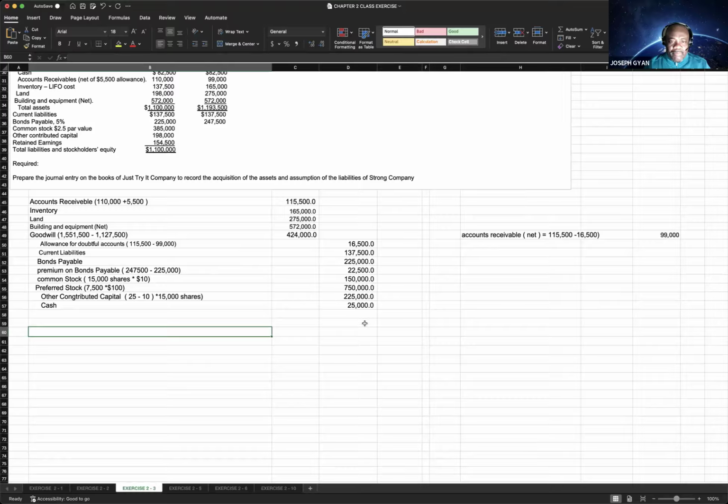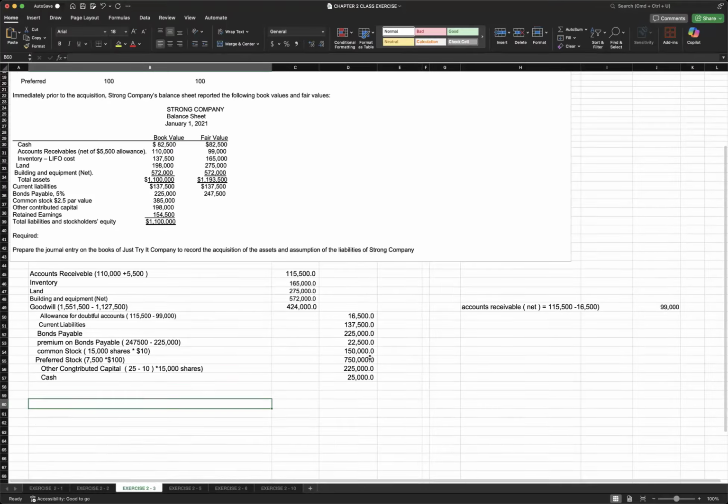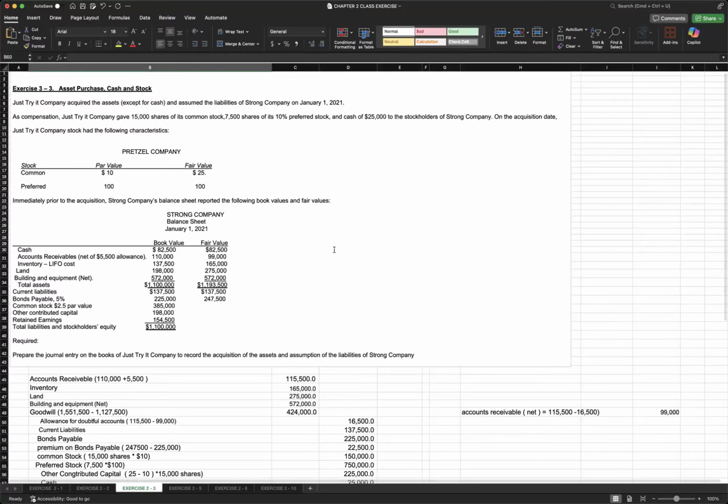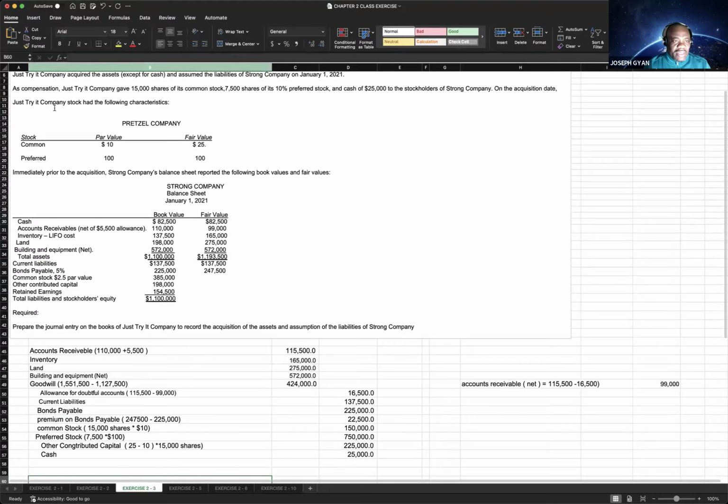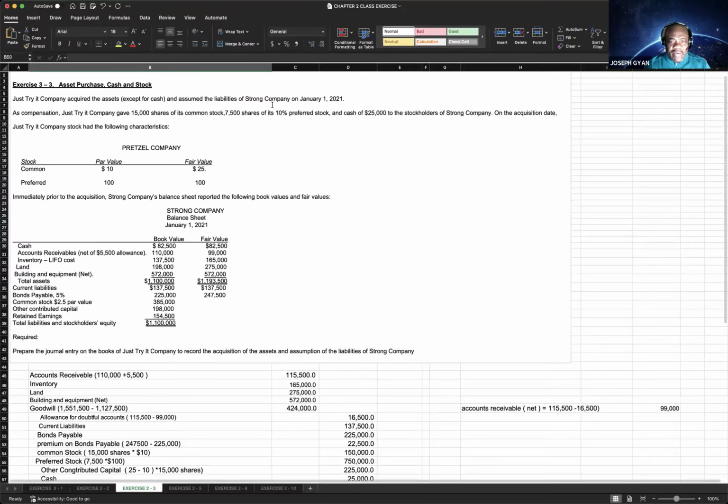For the consideration, how do we know that it's that amount? Oh, okay. You see, it said we are giving them the stock as compensation. Each company gives 15,000 shares of its common stock.